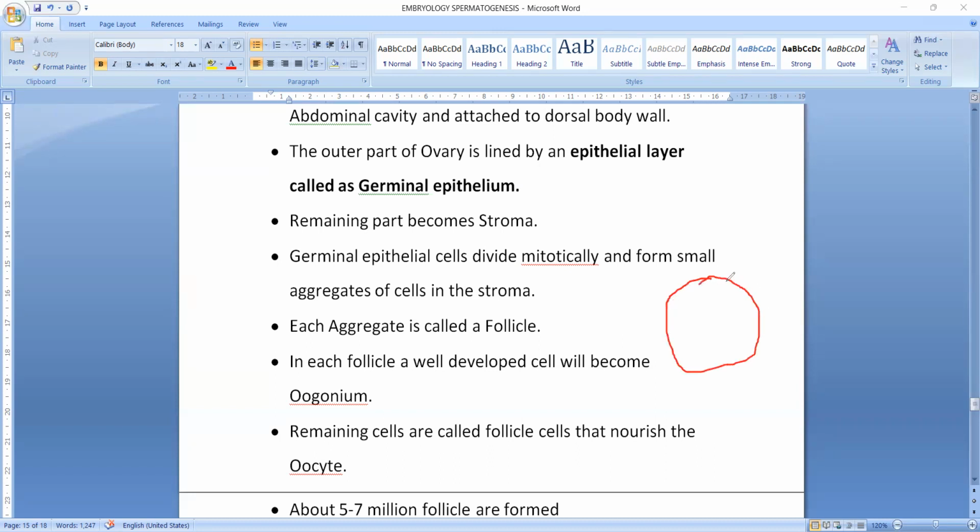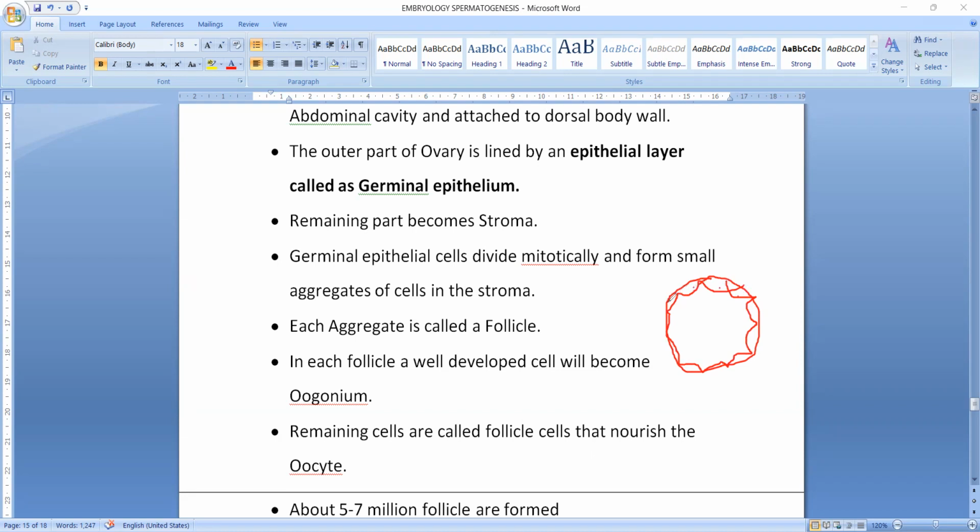So if it is an ovary, its outermost layer is lined by an epithelial cell layer.